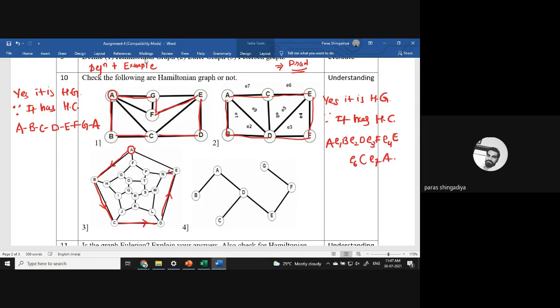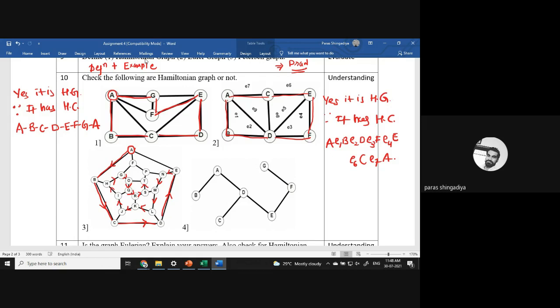E to N, N to M, M to L. Clear? L to K, K to J, J to I, I to H, H to G, and from G move to the inside. Covered inside 5 vertices. So from G you enter again: G to O, O to Q, Q to R, R to S, S to T, and from T exit.